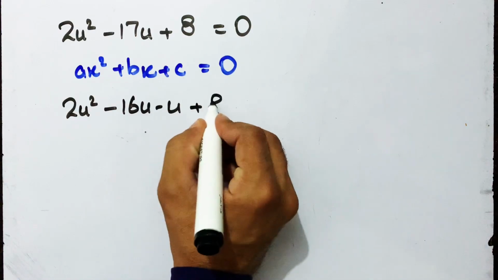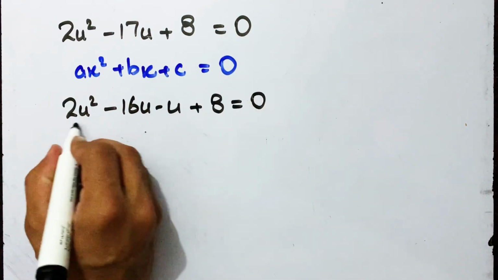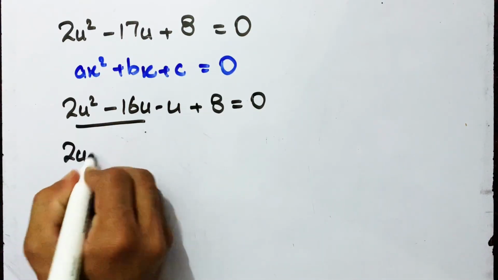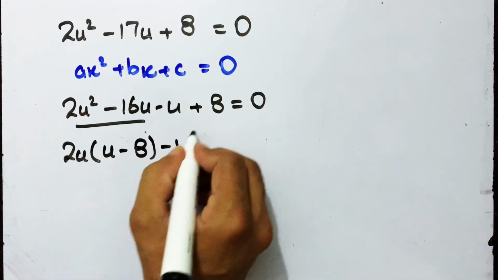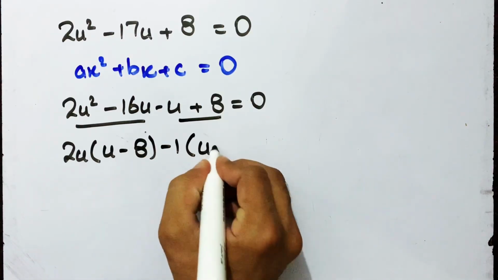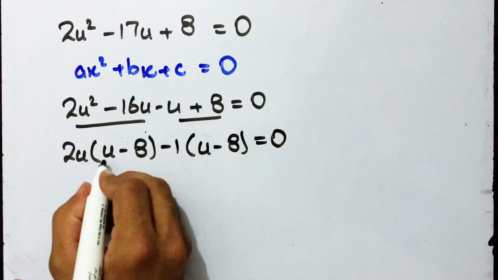Take 2u common from the first two terms and minus 1 common from the last two, so 2u(u - 8) - 1(u - 8) equals 0.